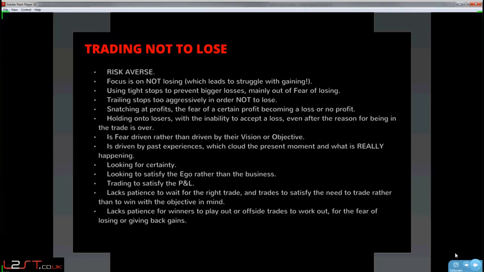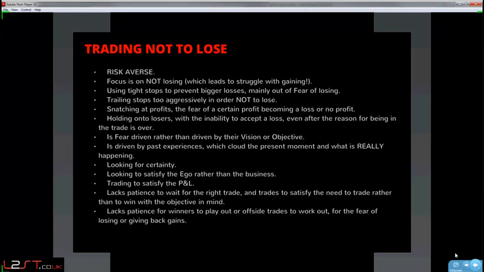Lacks the patience to wait for the right trade and trades to satisfy the need to trade rather than the need to win. Okay, so they're trading for the sake of trading, which I call trading for entertainment traders. They have to take a trade, and I've said this in the room before. Okay, yeah, there's stuff to do here, but it's not in line with my plan. I'm not going to take a trade here today if it's not in line with my plan.